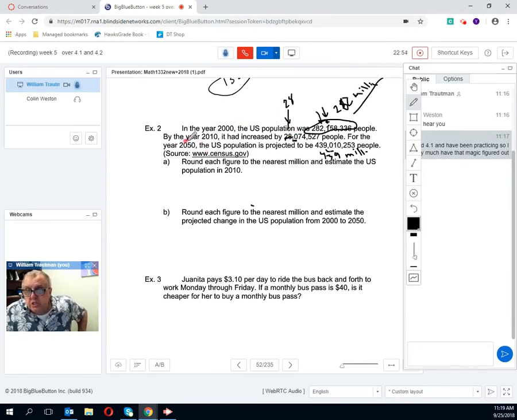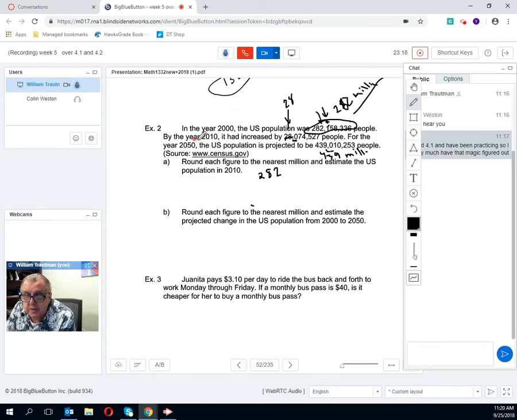For the year 2050, the U.S. population is projected at 439 million. Round each figure to the nearest million and estimate the U.S. population in 2010. Okay, so we're going to round each figure. In 2000, we had 282 million.